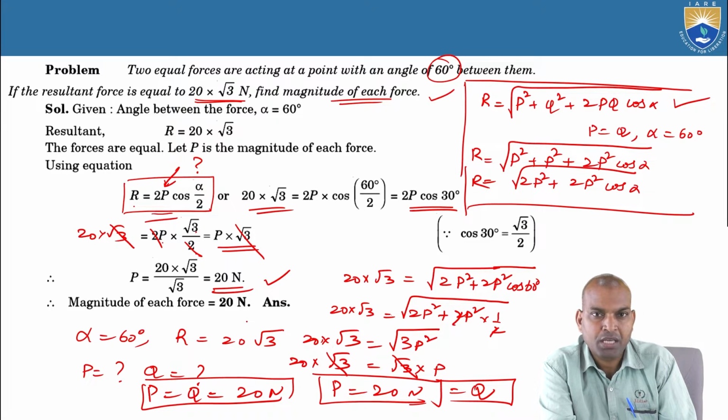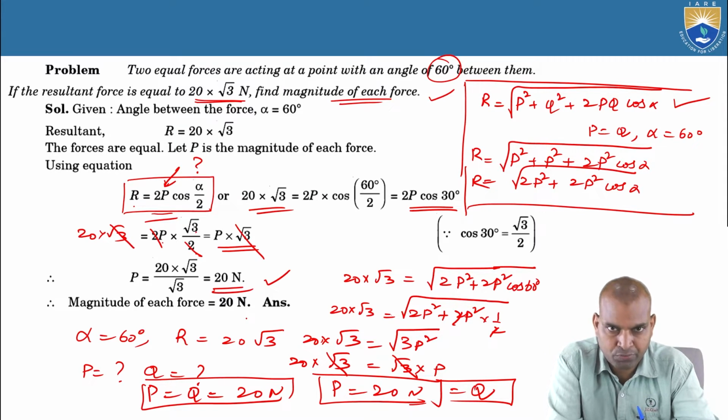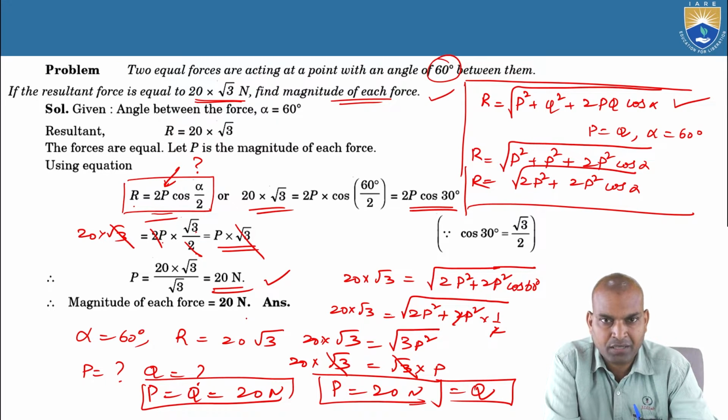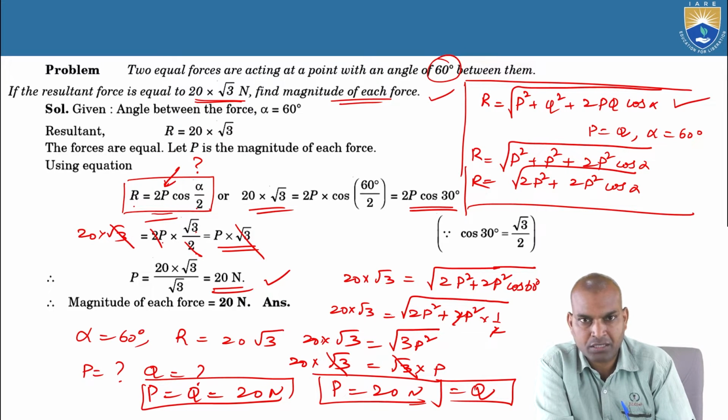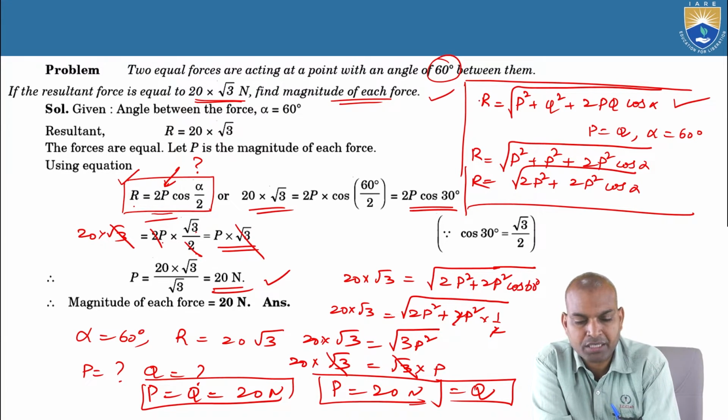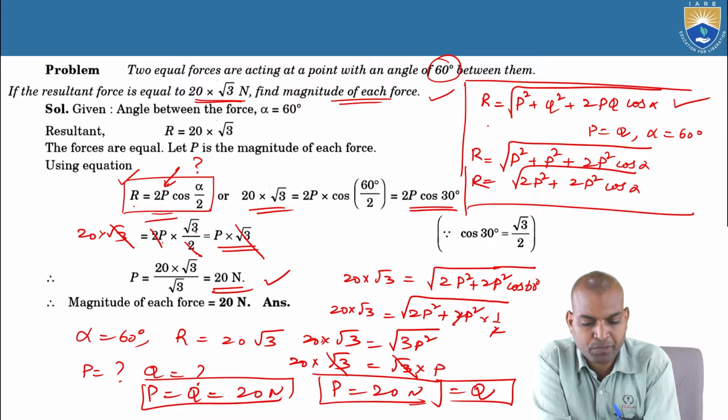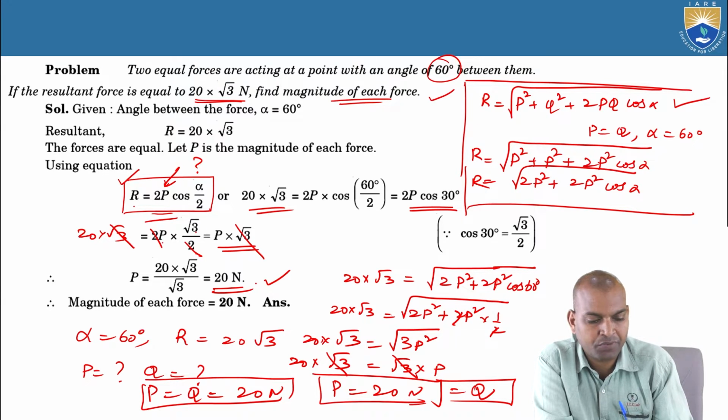Also, in previous lectures, we derived expressions for different cases. For two forces having an angle alpha between them, we derived the expression R equal to 2P times cos alpha by 2. This expression was derived from R equal to the square root of P square plus Q square plus 2PQ cos alpha.